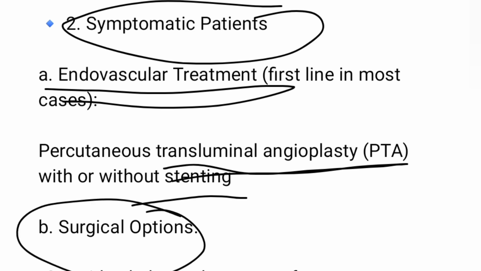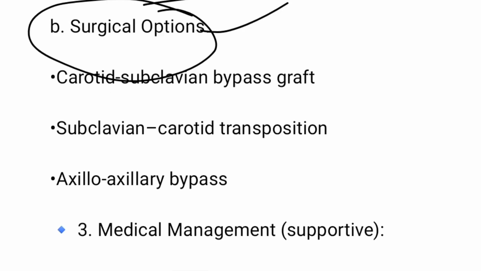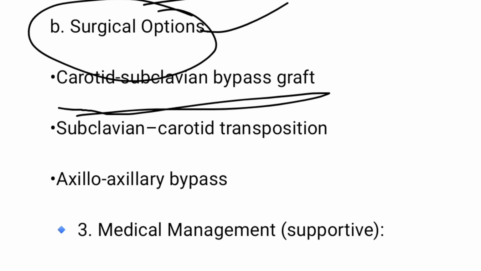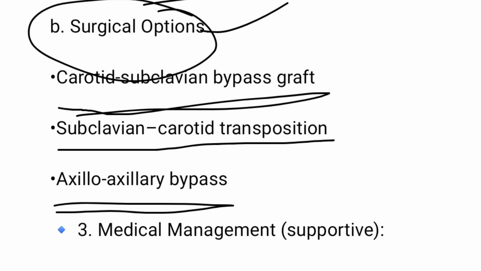If this first endovascular treatment fails, then we have our surgical options. In these surgical options, we will make a different pathway for our blood flow. So we can do carotid subclavian bypass graft, subclavian carotid transposition, or axillary bypass, and these things.